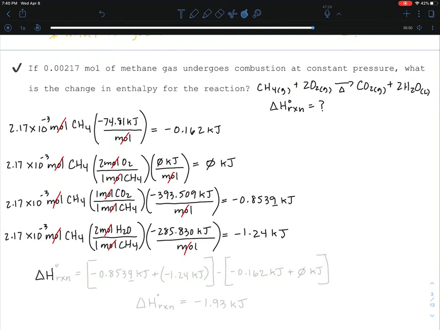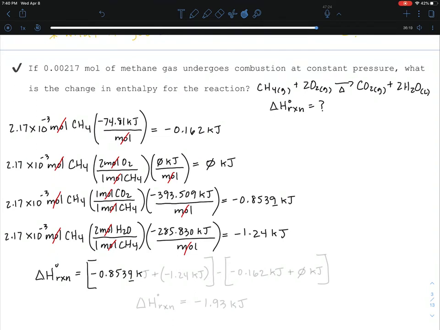The change in the enthalpy for the reaction under standard conditions is going to be, we can bring out our little brackets again if you like, keep track of everything. So negative, let's see, what do we have for our products? Carbon dioxide and water, so negative 0.8539, carrying that sig fig.